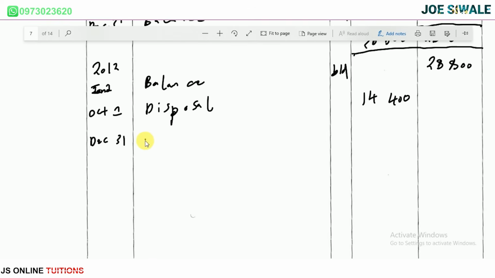And in our details, we're going to put our profit and loss, and I've just calculated as 14,720. Then we're going to calculate our totals there.